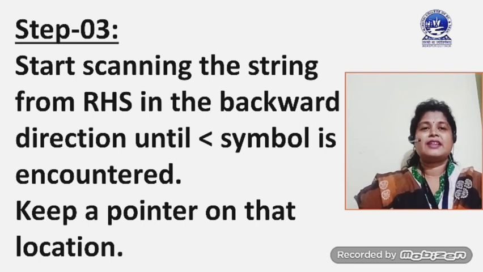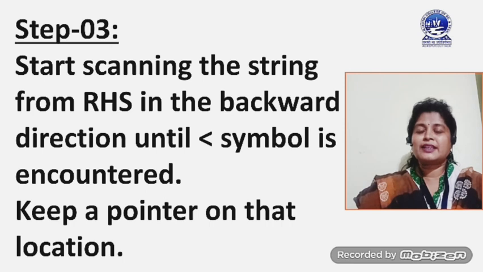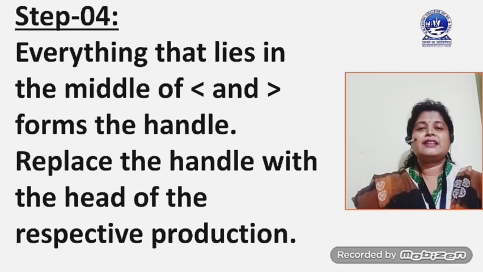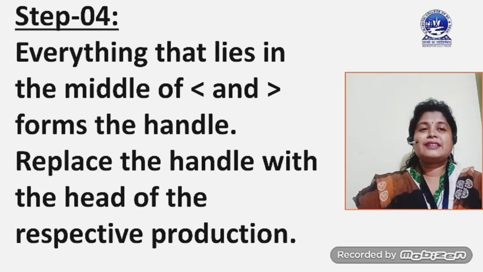Then step 3, start scanning the string from the right hand side in the backward direction until the less than symbol is encountered, and here also we are using a pointer to mark the location. Then step 4, everything that lies in the middle of less than and greater than forms the handle. Replace the handle with the head of the respective production.